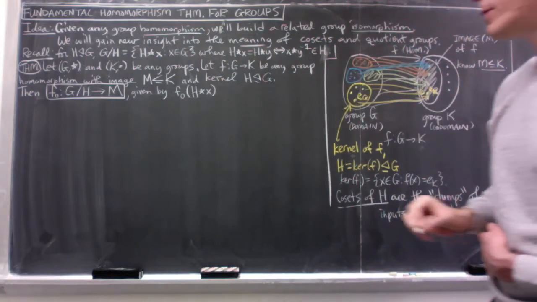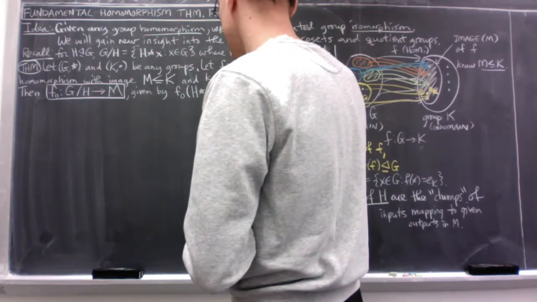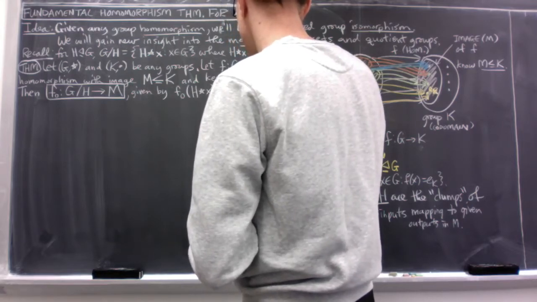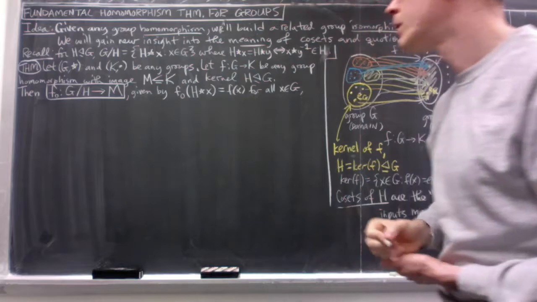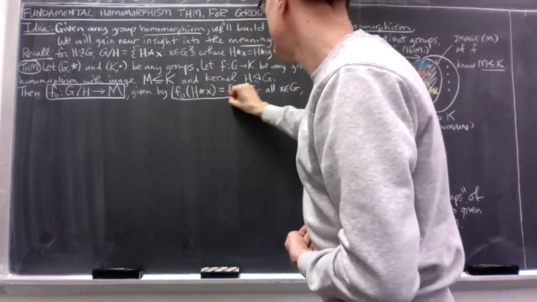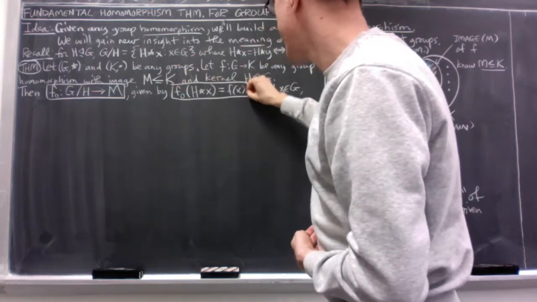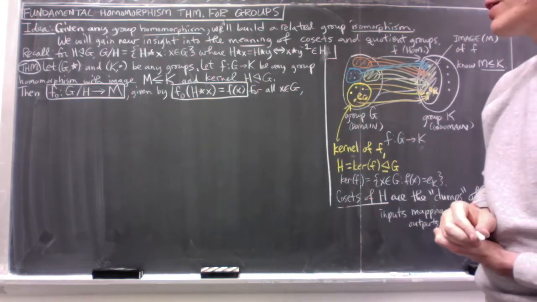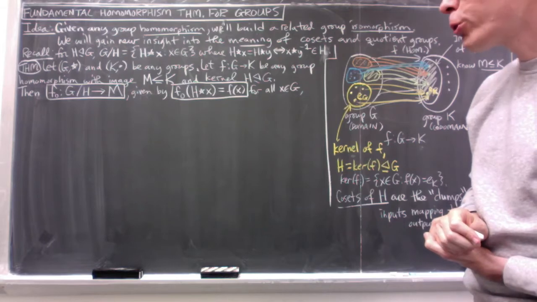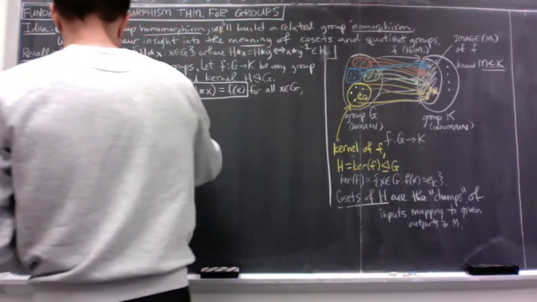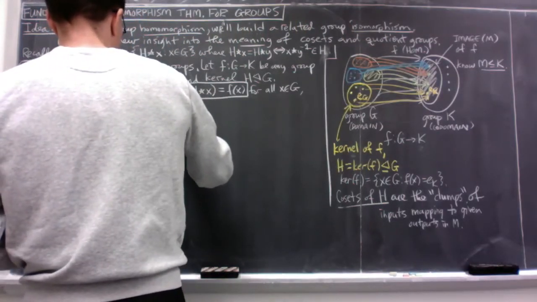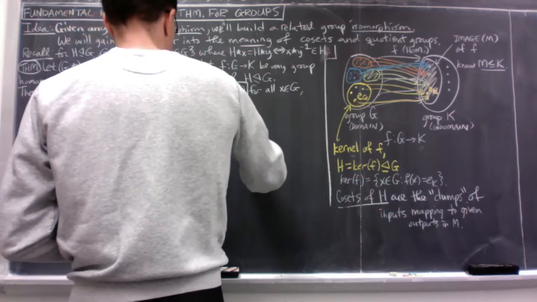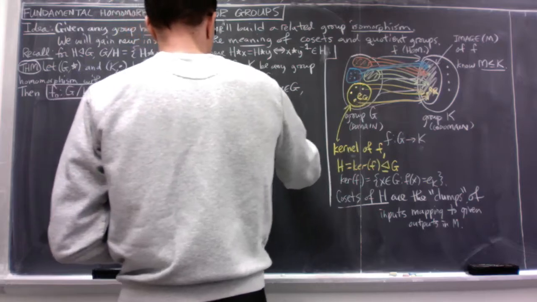And by definition, it's going to send that coset to F of X. So it's related to F, so I call it F naught. And the assertion is that this is a well-defined group isomorphism between its domain and codomain.